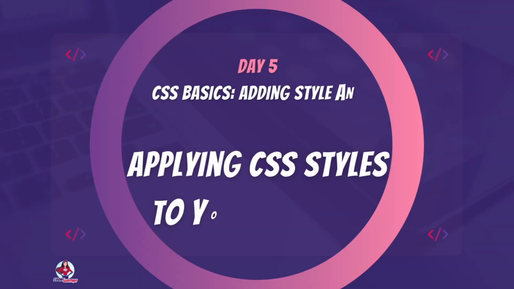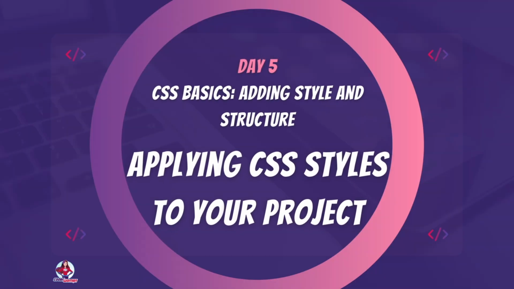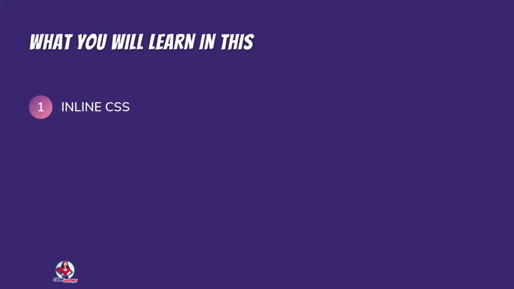Welcome back! I have an exciting video planned for you now. We will explore different methods to add CSS to your projects. We'll first look at inline CSS, where we'll discuss the concept, provide an example, and cover the drawbacks of this approach. Then we'll move on to internal CSS, explain the concept, share an example, and discuss when to use it.